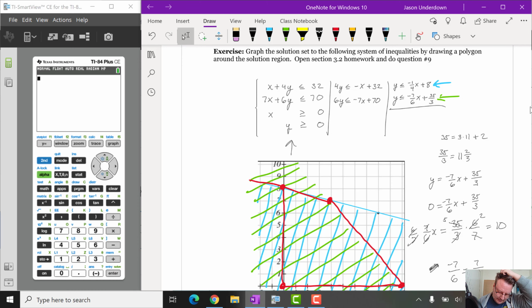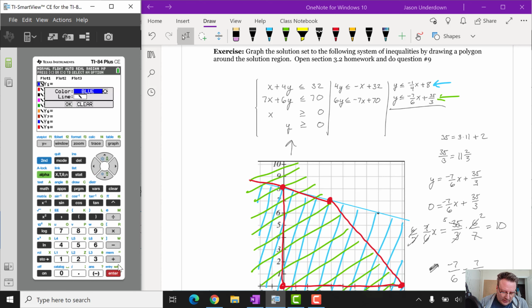Now I don't think all of the TI-84 Plus calculators can do this, but if you click on y equals, on some calculators, if you can cursor over to this part, if you can hit enter now and change the color of the line, and if I cursor down, I can change the line style by hitting the left and right.